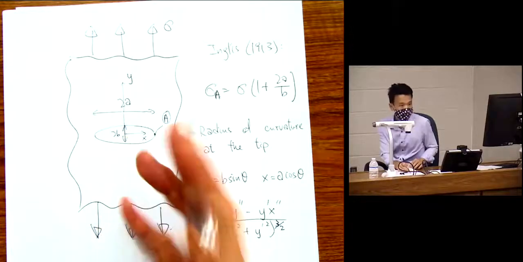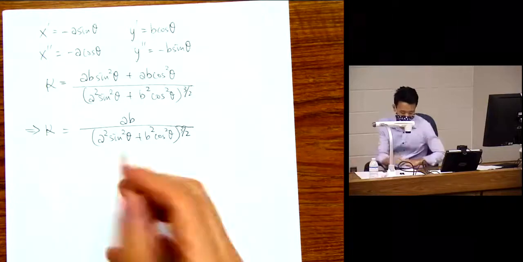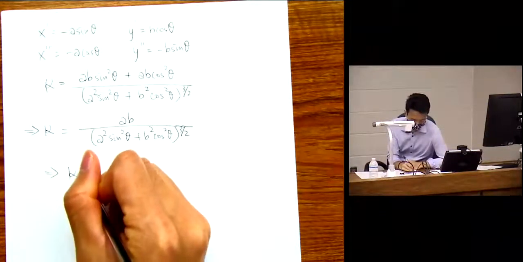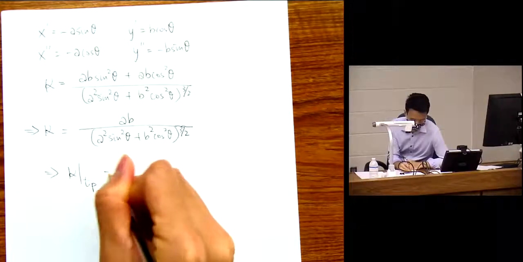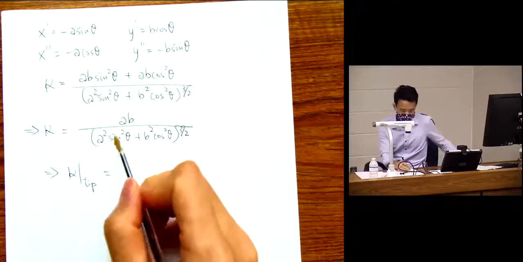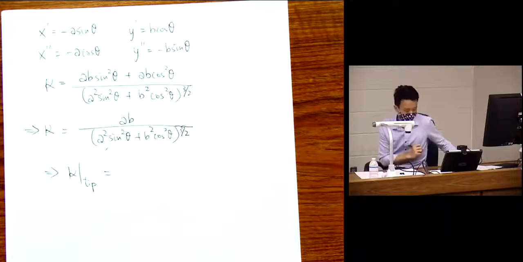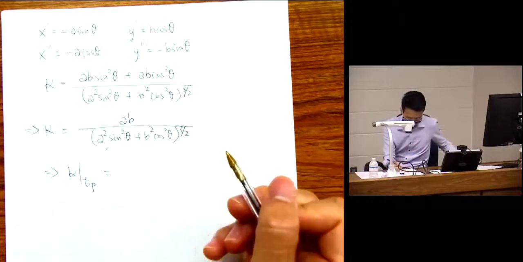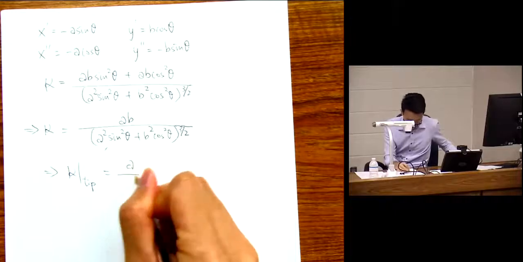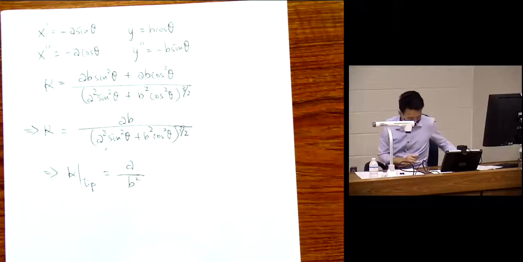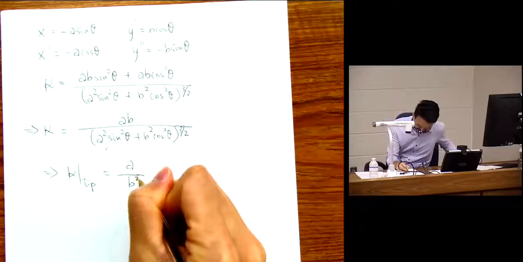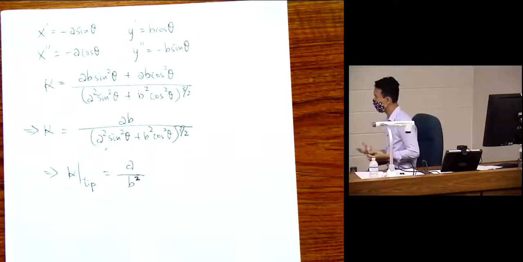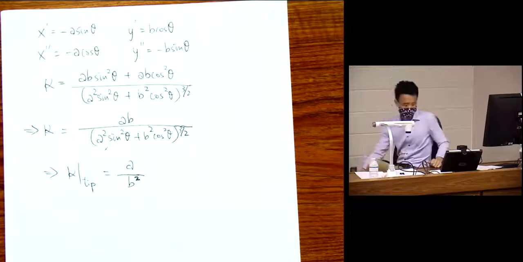Now, theta is going to be 0, and therefore the curvature at the tip is just taking theta to 0, then we get this term to go to 0. And it turns out to be quite simple. The curvature at the tip is just a over b squared.